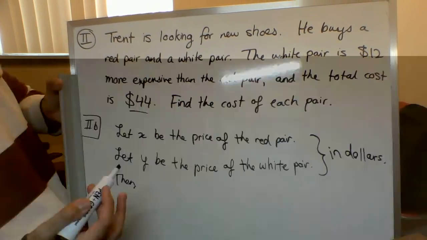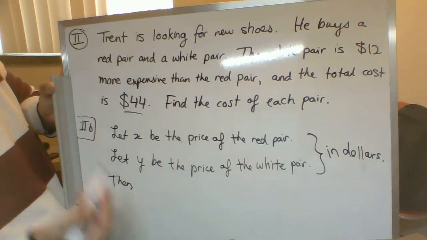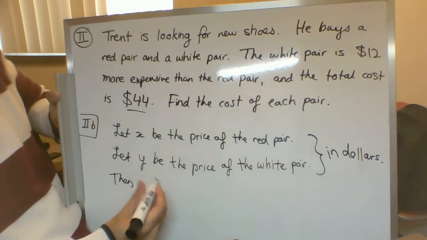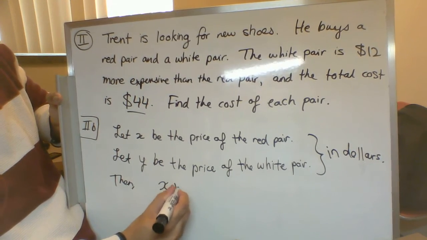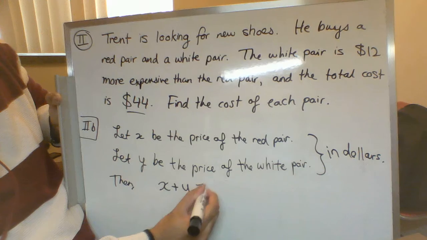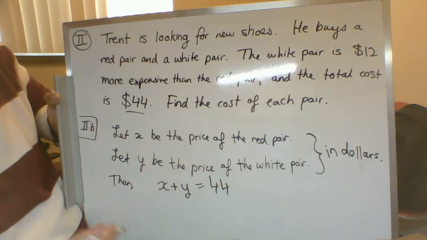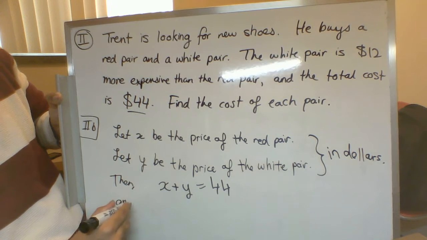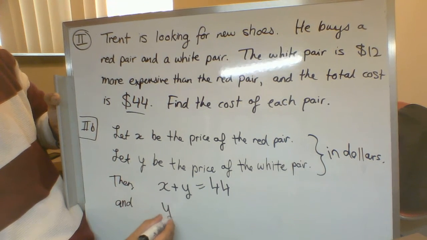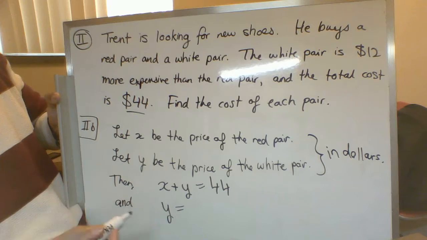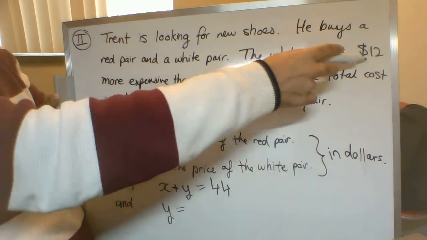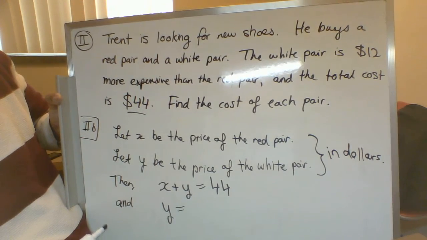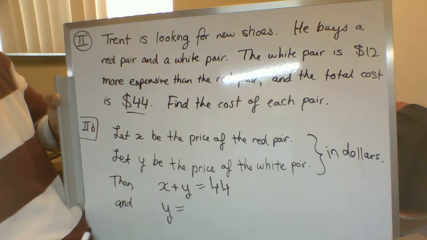So we know that the red pair plus the white pair, x plus y, is going to give us the total. So we know x plus y is equal to $44, right? And we also know that y, the cost of the white pair, is going to be $12 more than the cost of the red pair, x.